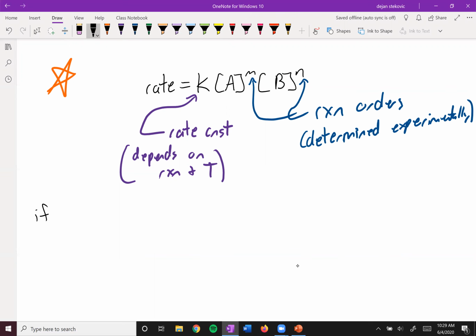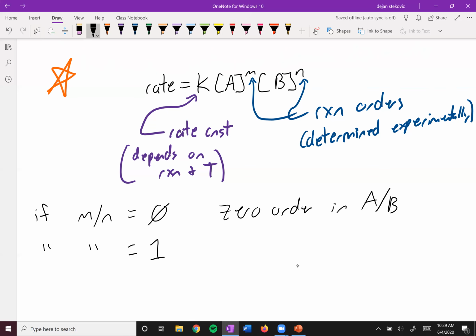So let's take a look at the most common things, right? So if m or n is equal to 0, we say that it is 0 order in A or B, right? So if this m up here is 0, we say the reaction is 0 order in A. And I'm going to do this little parentheses thing that just means copy down what was written up above.